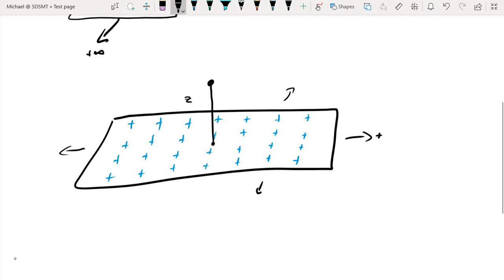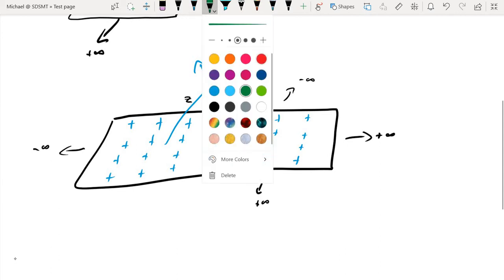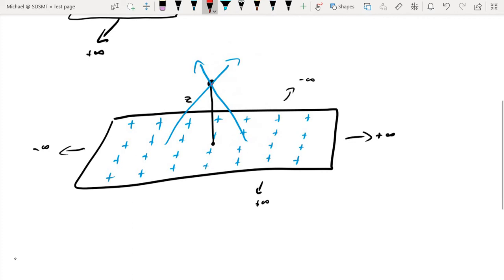So right away, the benefit of having this infinite sheet is that we can argue that we are right in the middle of the sheet, and therefore all of the electric field lines that are being sent up to that point in space are going to have all of the horizontal components canceling out.